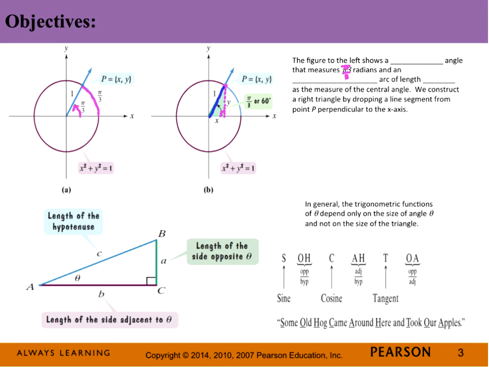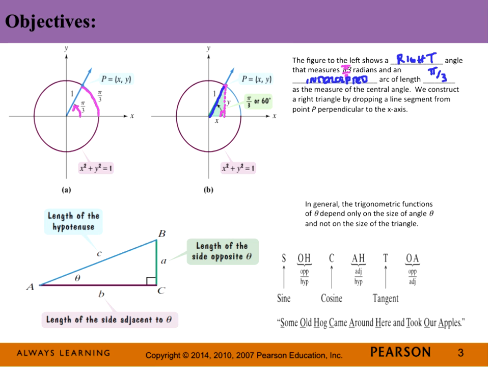The figure to the left shows a right triangle with an angle that measures pi over 3 radians and an intersected arc of length pi over 3 radians as well.